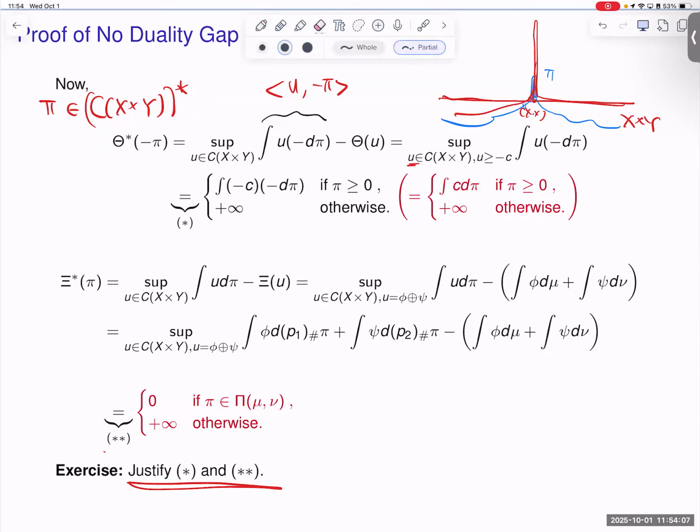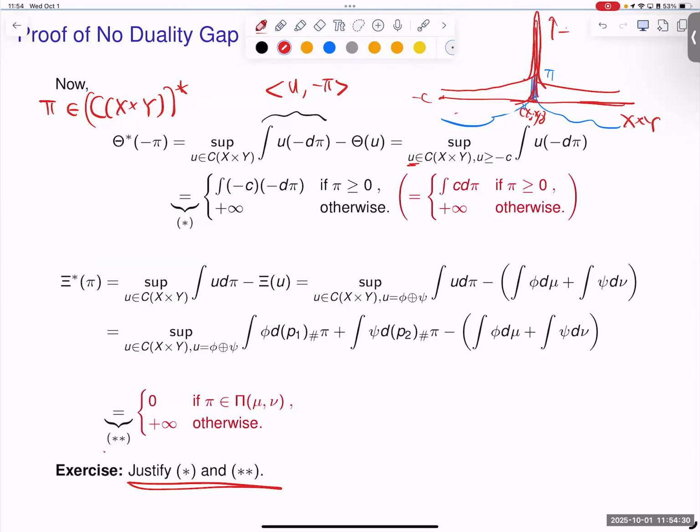Actually, u can be, at least you have to be bigger than negative C. For the other part, you just make it something like negative C. But then at some particular point x0 and y0, you make this function very large, then you can make this value go to infinity, right? That's what this says.